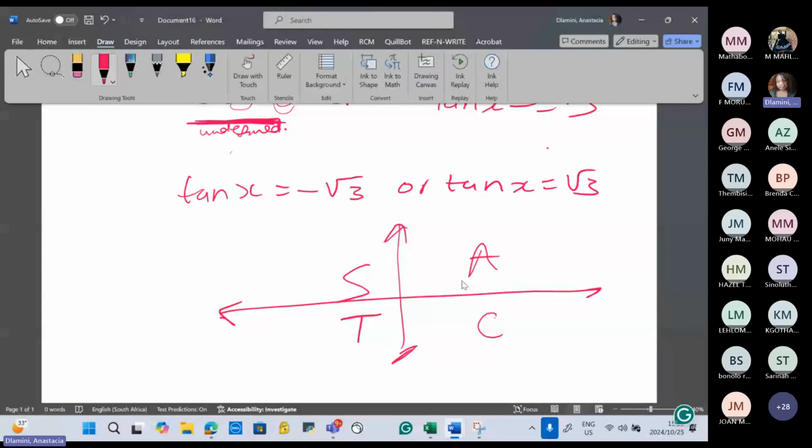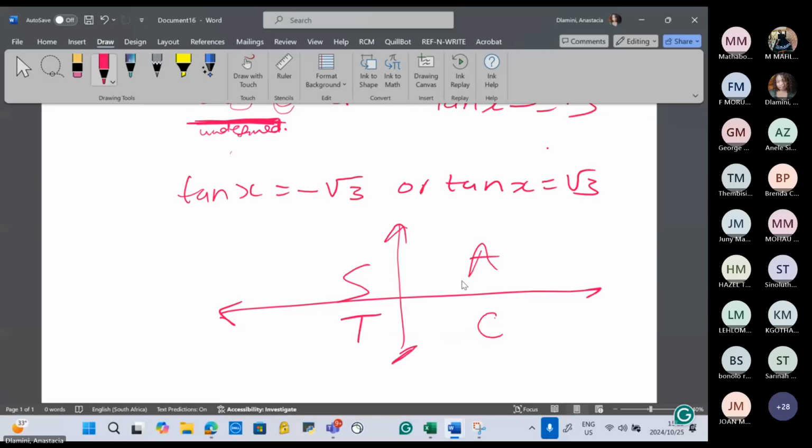Some people will be using the reference angle, some people will be using the Anastasia diagram. Which one are you choosing? Choose wisely. As long as you get the answer. So start with the positive one. That one is easier.